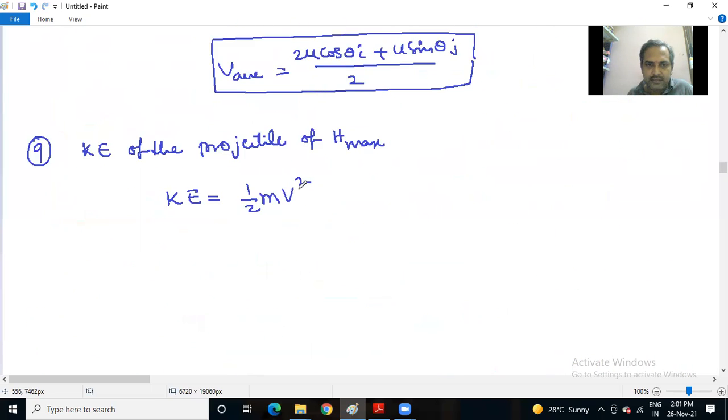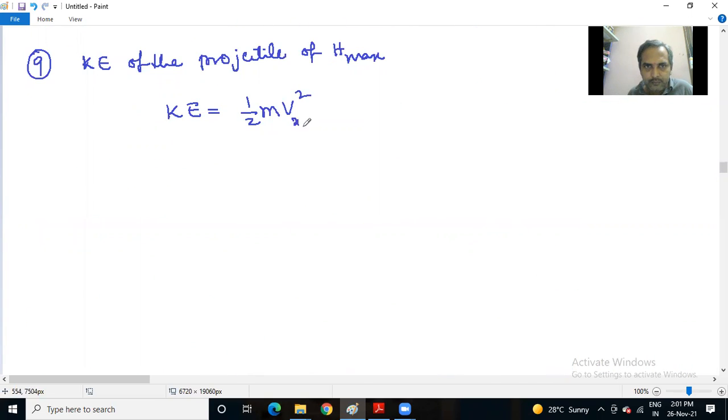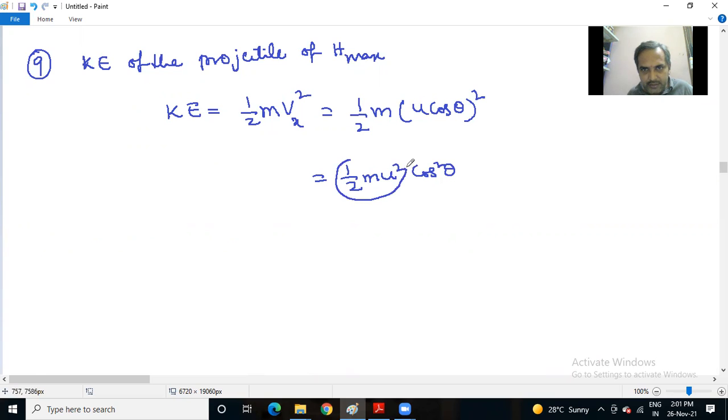So let us write this as half into m into Vx square, where Vx is U cos theta, whole square. So this is half m u square cos square theta. This is the kinetic energy at maximum height, which is equal to the initial kinetic energy at the point of projection times cos square theta.